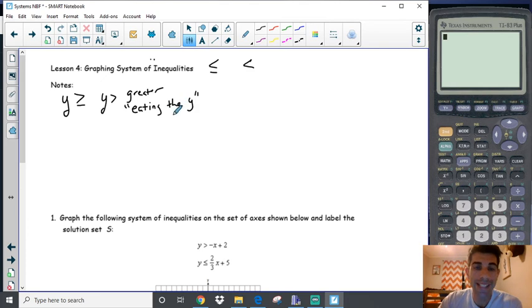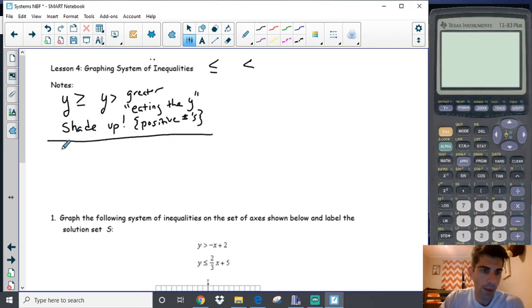So when you eat the y, we're going to shade up. If you're eating the y, you're going to shade up. Now shading up is shading towards all positive numbers, okay? You're moving towards all positive numbers.